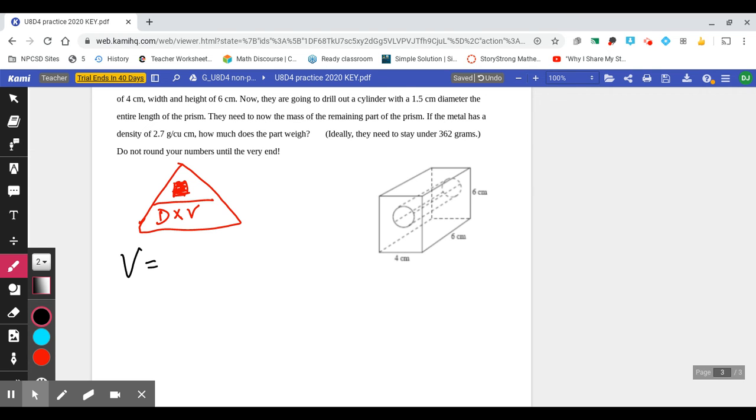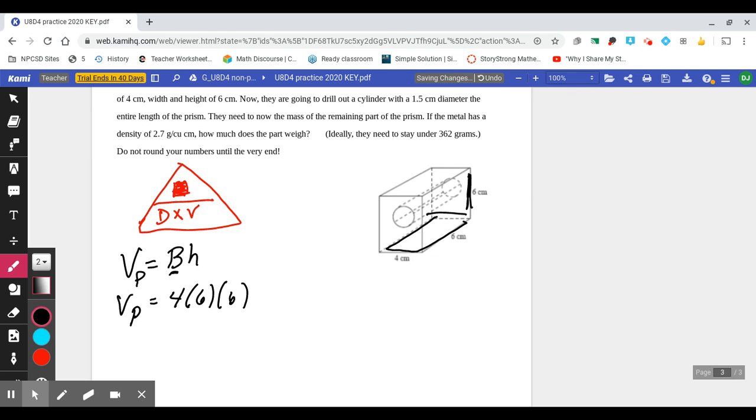All right, so I'm going to first find the volume of a prism. Now that's the easy part, right? Because if you look at your formula sheet, a general prism is capital B times H. Remember that capital B is the area of the base. So if I'm looking down here, that's the area of the base. That's 4 times 6. And then, of course, the H is the height. That's another 6.